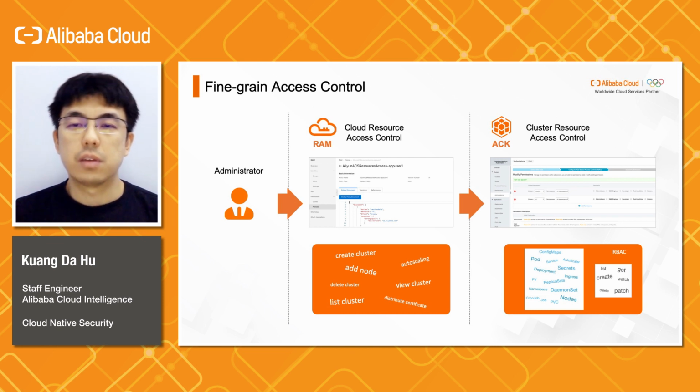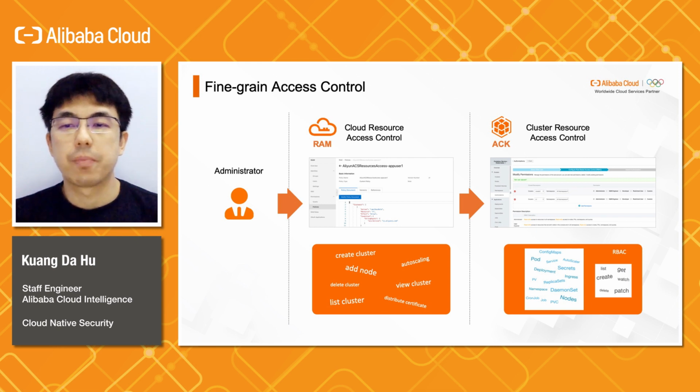The administrator could easily authorize a RAM sub-account on the console with our preset RAM cluster role templates, and we also support customized cluster roles and binding. Before the configuration finishes, we will check the RAM authorization for cloud resources and auto-generate the RAM policy if management access control is not finished.